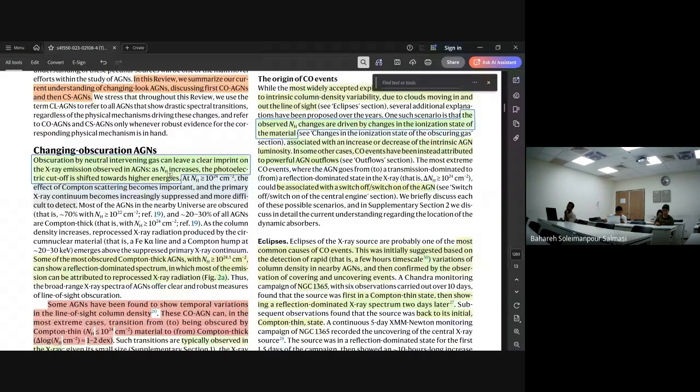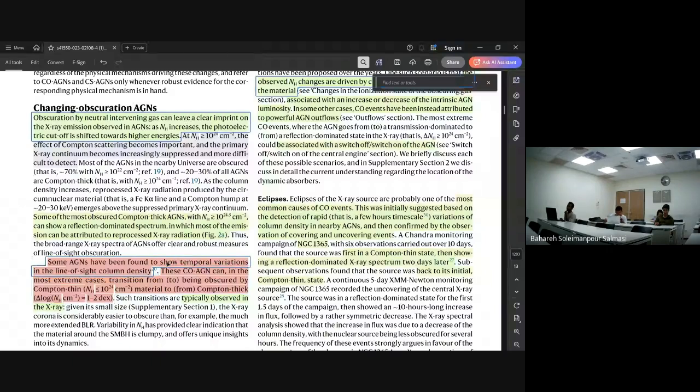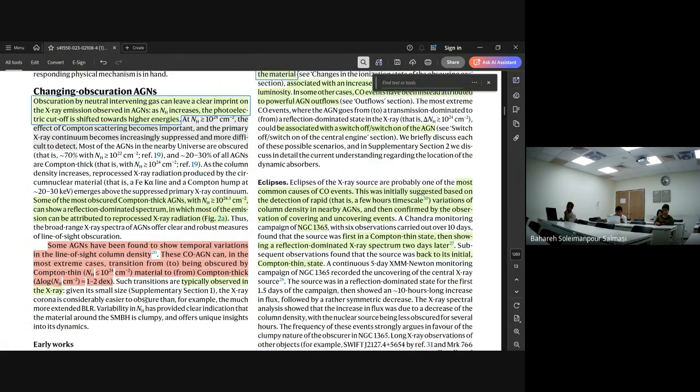Sometimes we can see AGN that show temporal variations in the line of sight column density. And so they can transition from being obscured by Compton thin material to Compton thick material.